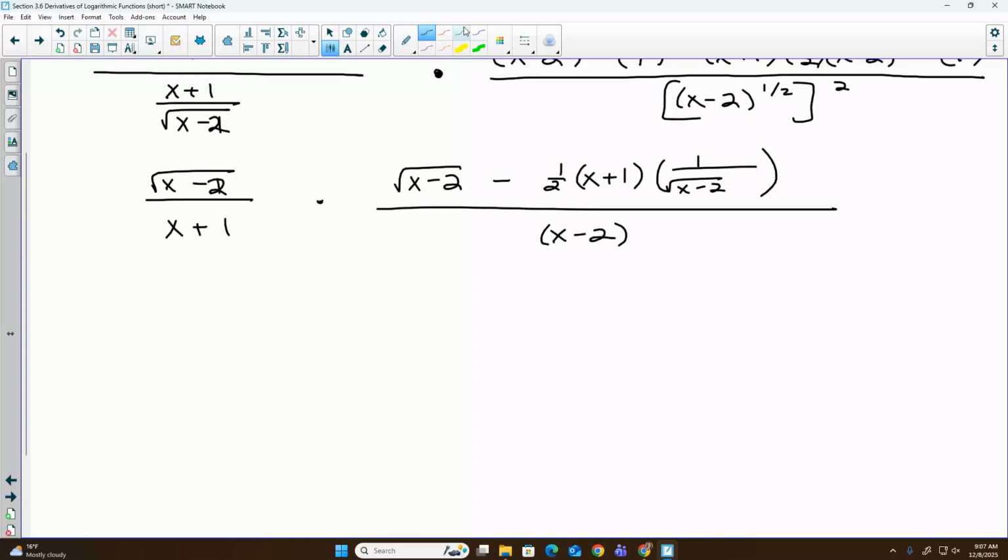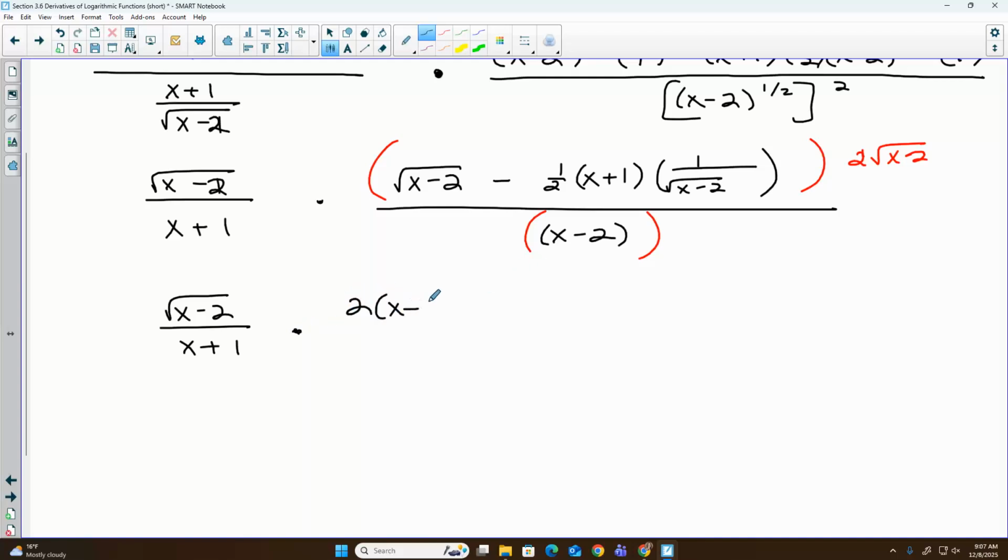There are different things you can do at this point. I think I'm going to multiply by 2 square root of x minus 2. So to do that, I would get 2.